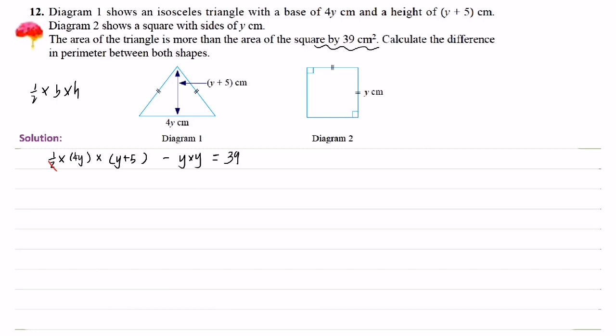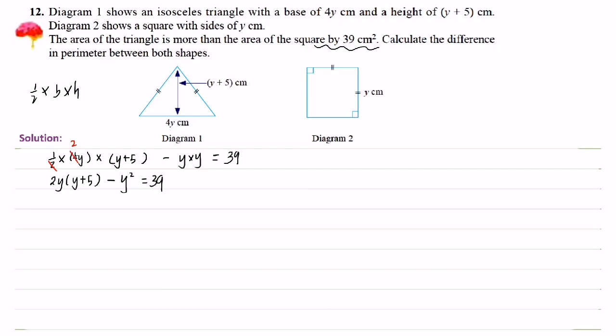Okay, we simplify this first. 1/2 times 4 is 2. 2y times y plus 5 minus y times y, which is y squared, equals 39.